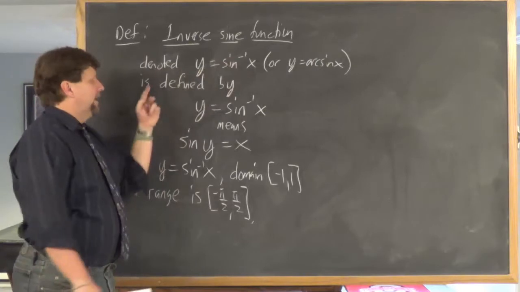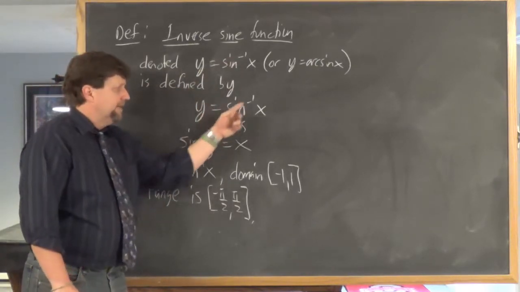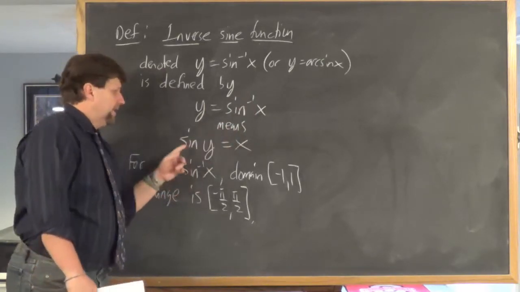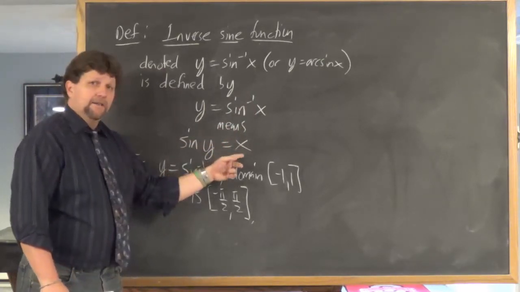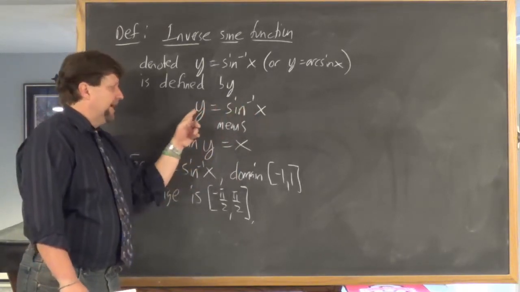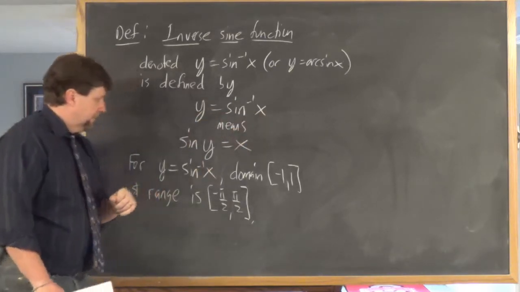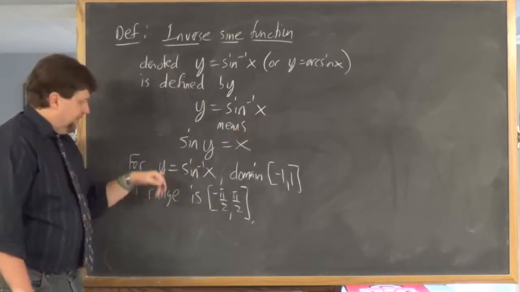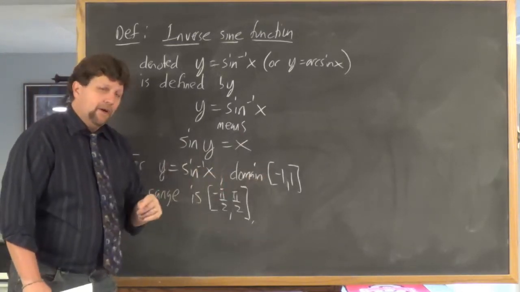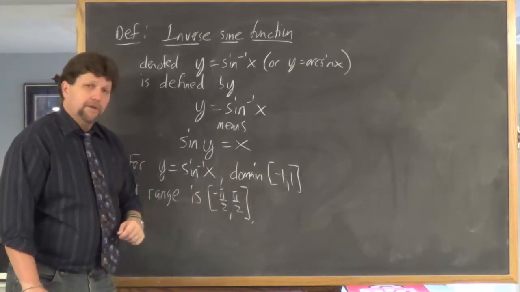So inverse sine x is really defined by the following. y equals inverse sine x really means that sine of y is equal to x. For your inverse sine function, the domain is negative 1 to 1, and the range is negative pi over 2 to pi over 2.